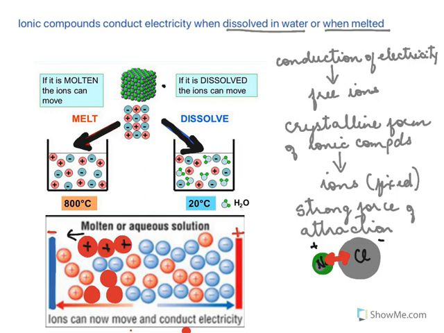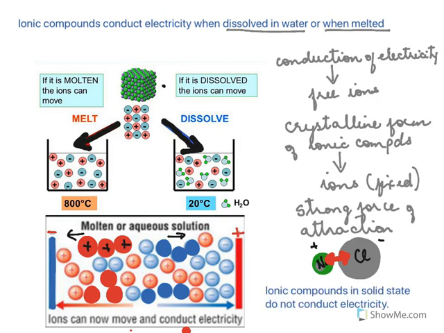And all the negative ions, now that they are separated and the force of attraction between them is very less, will now rush towards the positive. If there is movement of ions, we have electric current.